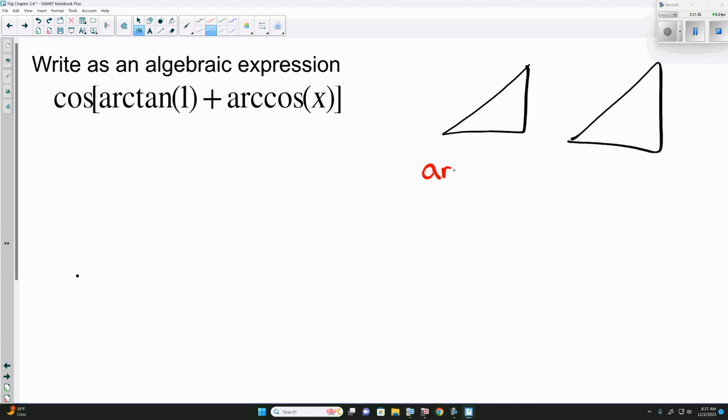Because the first one I'm looking for is arctangent of 1. And the other is arc cosine of x. Because both of these equal an angle, I'm just going to call the first one alpha and the second one angle beta. Alpha and beta.